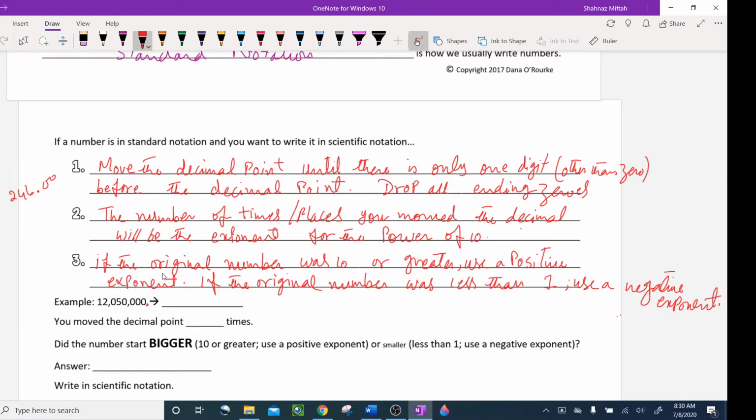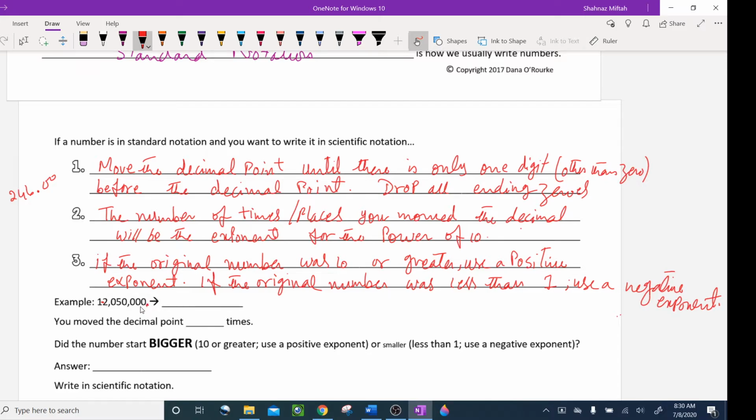I'm moving the decimal until there is only one digit before the decimal, and that one digit is other than 0. Second step: the number of times or places you move the decimal will be the exponent for the power of 10.